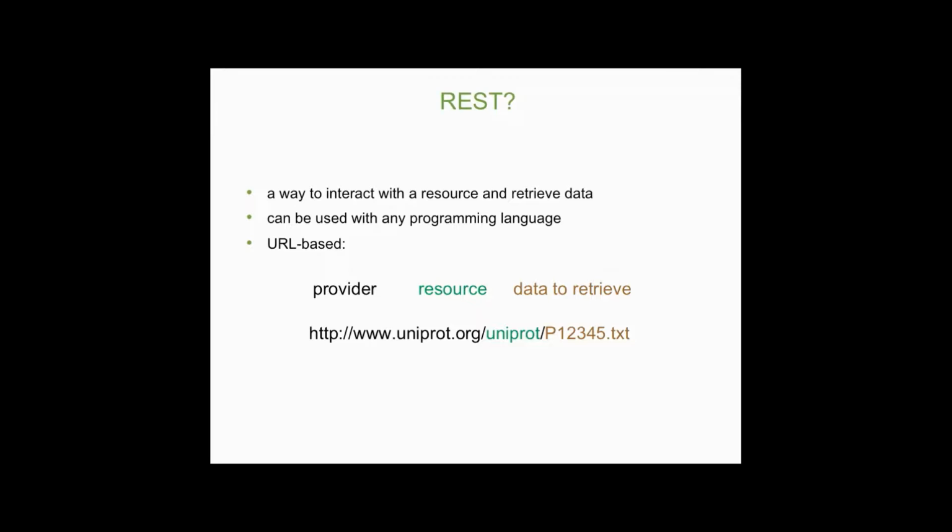Since URLs are normally not very nice to look at, it helps to break them down into components to understand how they're constructed. With regard to REST, you have basically 3 components in such a URL, which you can see on the slide here. You always have a provider of the data, which in this case is uniprot.org.